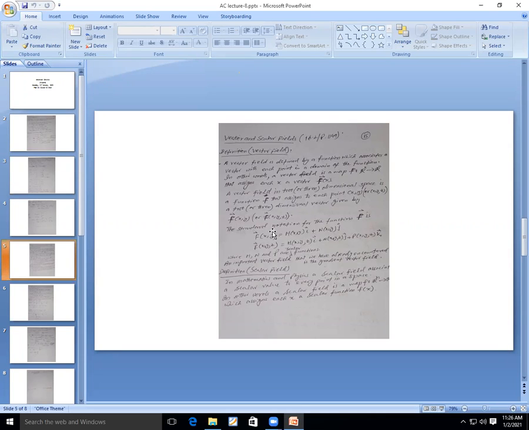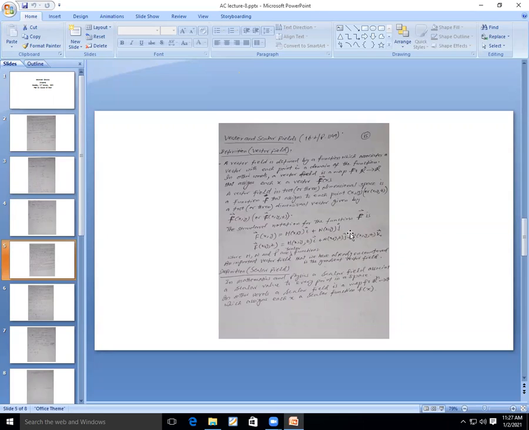This is the notation for a vector field in two-dimensional space. In three-dimensional space it is defined as M(x, y, z) i vector plus N(x, y, z) j vector plus P(x, y, z) k vector.